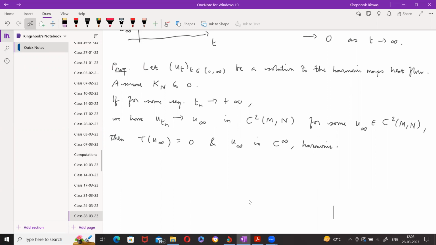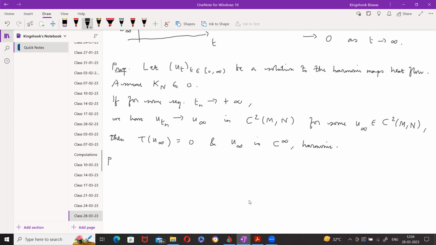That gives you some C2 norm on maps from M to N. You can check that the topologies on the space of C2 maps are independent of the choice of charts. The C2 norms will differ by constants; they're bi-Lipschitz to each other. I don't want to define this explicitly, but this means uniform convergence in C2 norm. The maps and their first and second derivatives all converge uniformly.